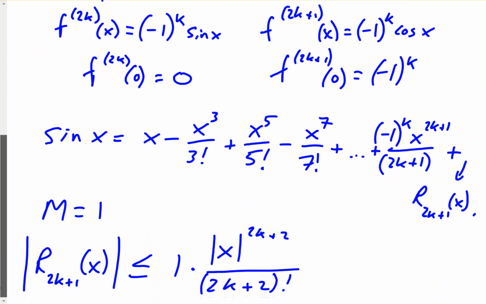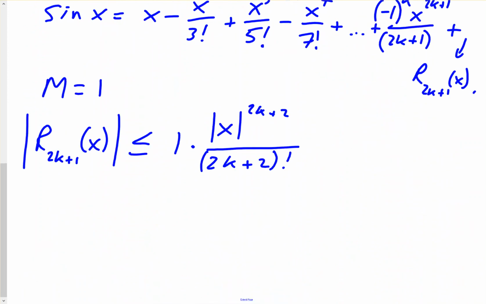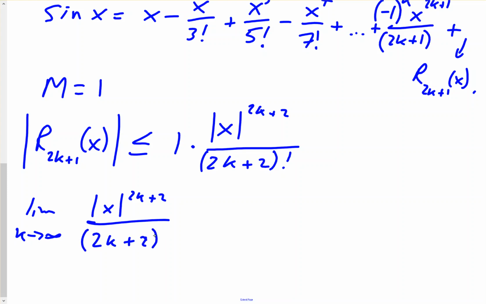So keep in mind that limit as k approaches infinity of absolute value x to the 2k plus 2 over 2k plus 2 factorial equals 0.